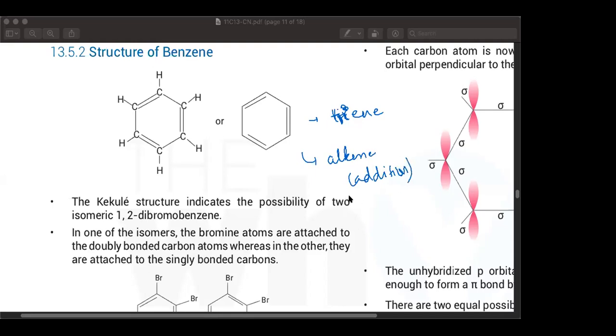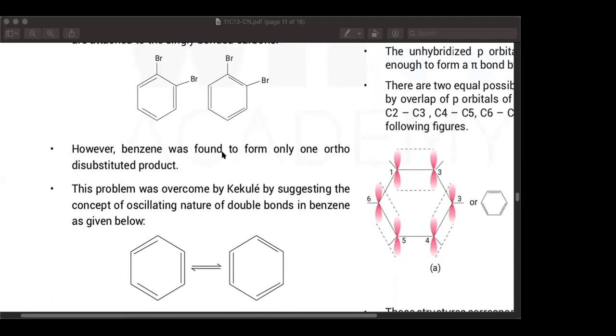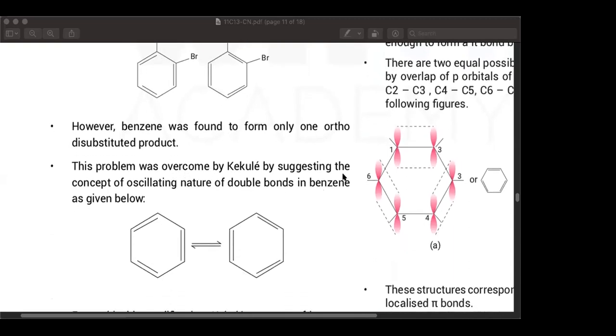So it should technically be a triene, which means that it should behave like an alkene with addition reactions. If it was treated with a halogen, it should add both atoms of the halogen by breaking a double bond. But that is not what happened in reality. Benzene was found to form only one ortho-disubstituted product.